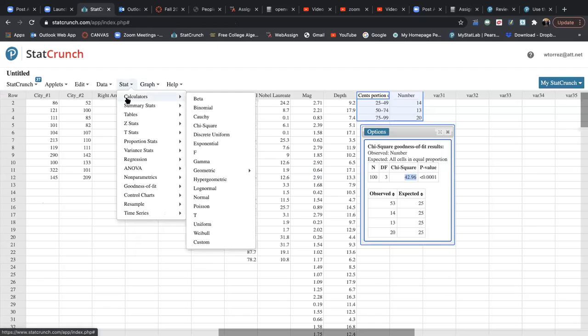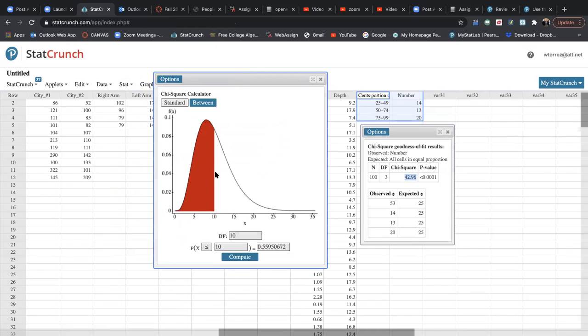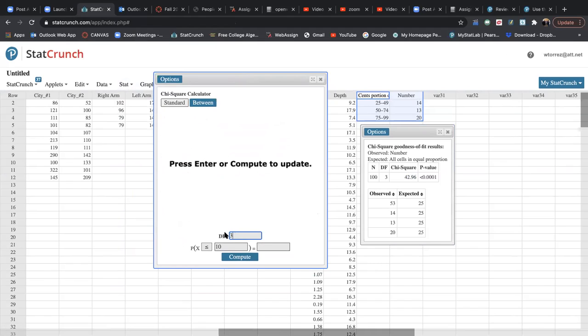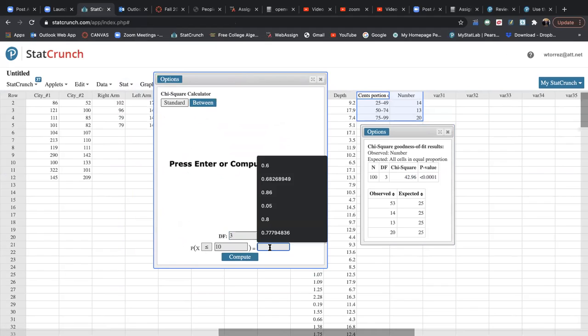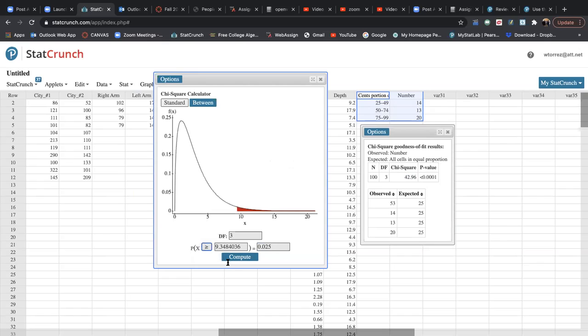So we'll go to stat calculators. We'll choose the chi-square distribution. And we said the degrees of freedom, k minus 1, is 3. And we'll put 0.025 here on the right side. That's the area specified in the right tail. We'll change that to greater than or equal to.